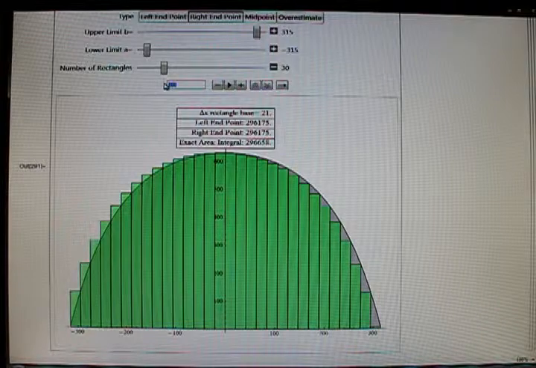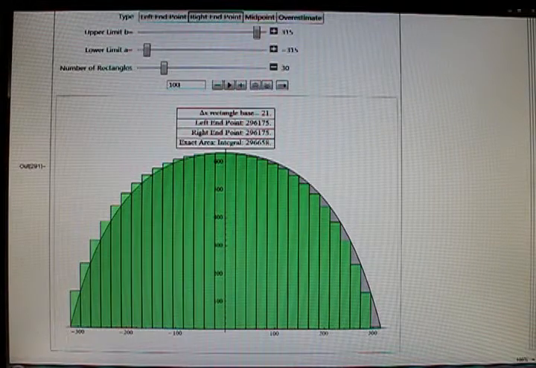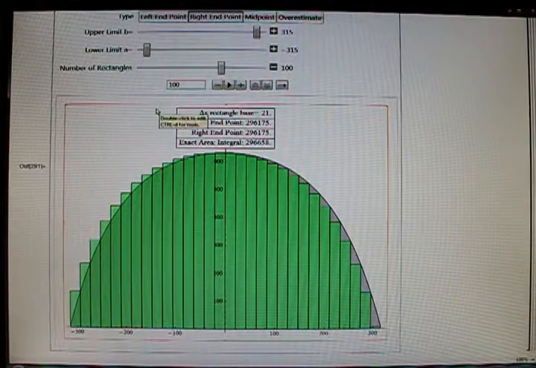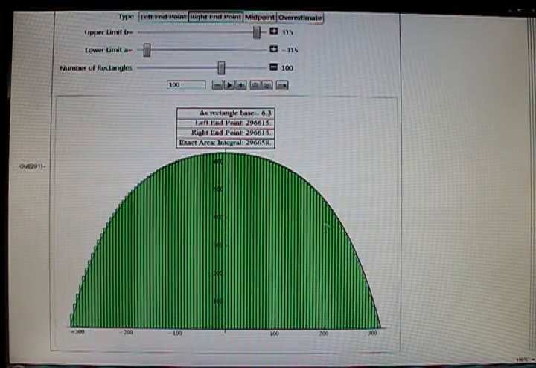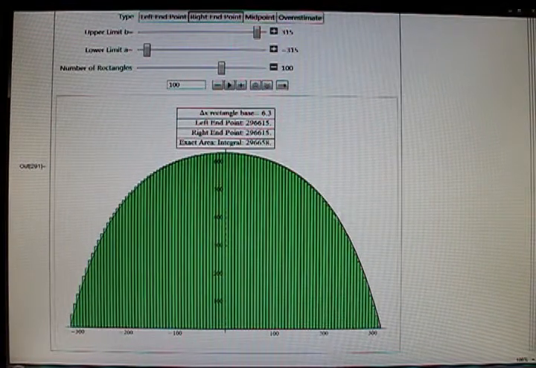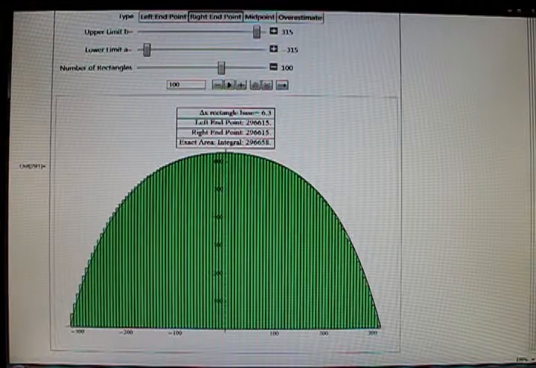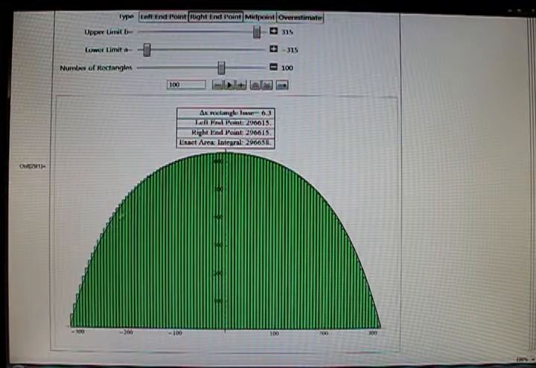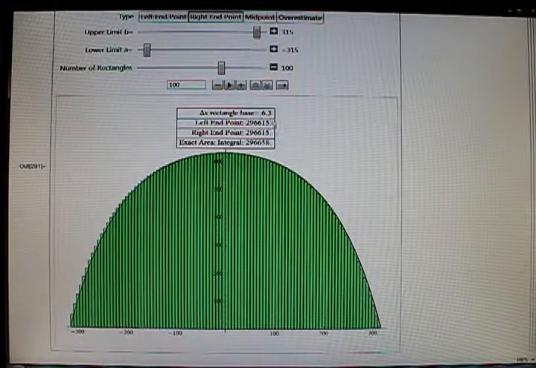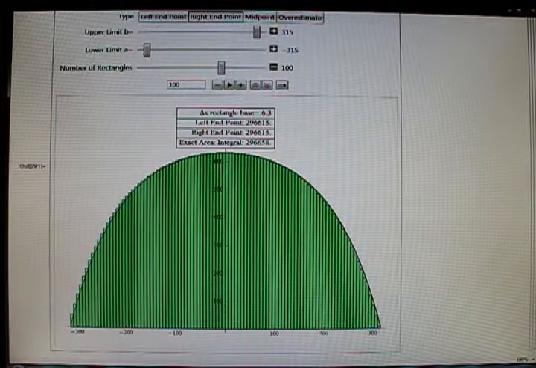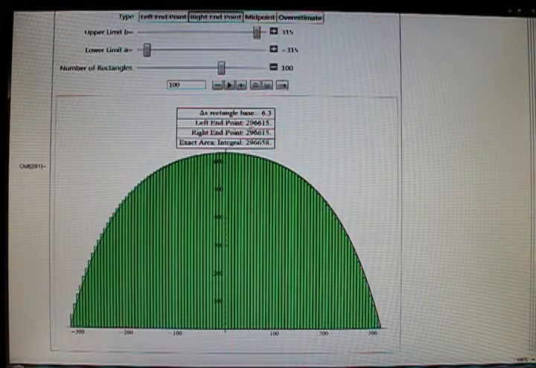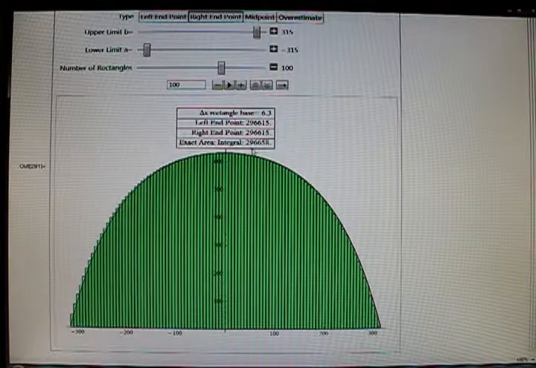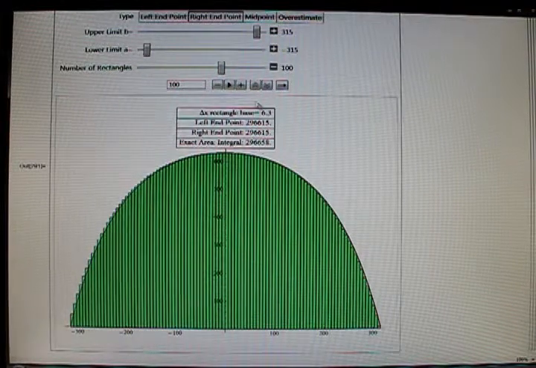So I can increase this number. Let's go to 100. And you see the gray areas here are almost gone, and this overage here gets smaller and smaller, and my answers are nearly identical, where I have 296,615 versus 296,658.